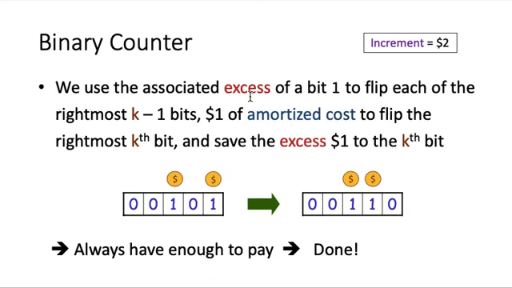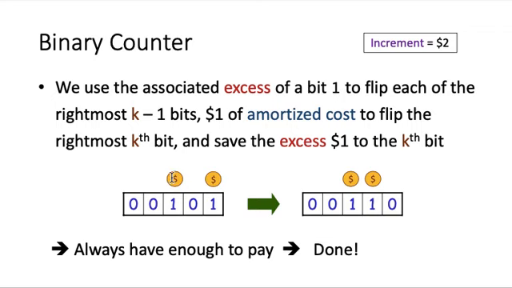So for these operations, because k bits are flipped, we are going to use the excess of each bit 1 to pay for the flipping that changes it back to 0. In the actual scenario, when we have the counter value of 5, we would have $1 over this bit 1, and $1 over this bit 1.